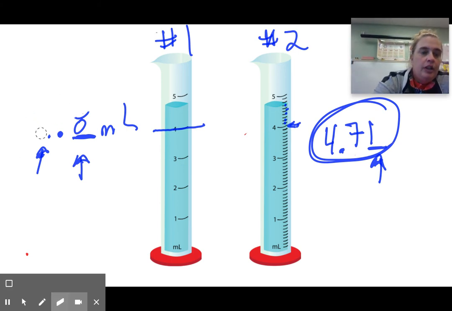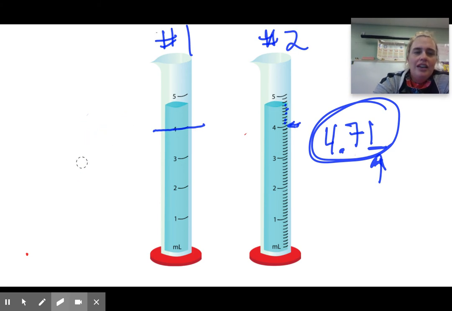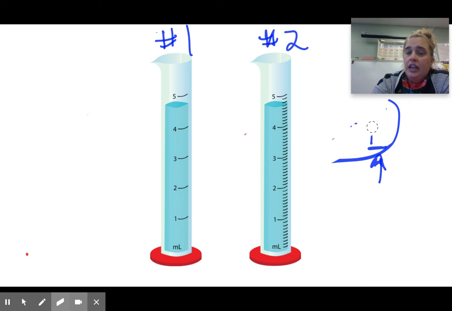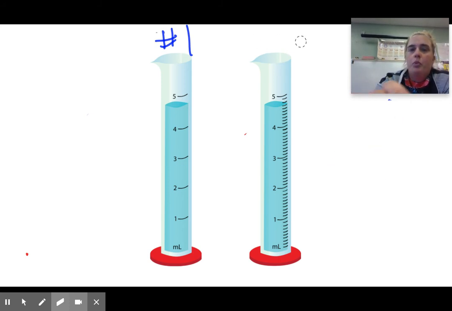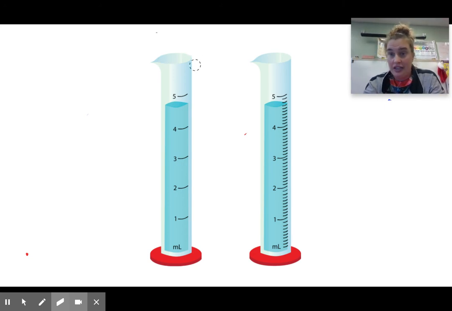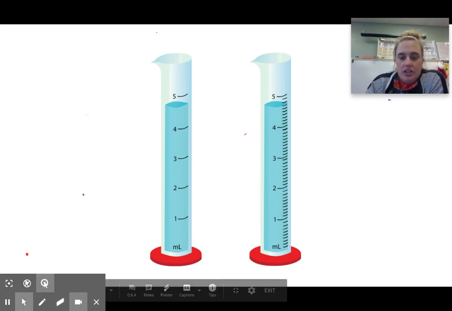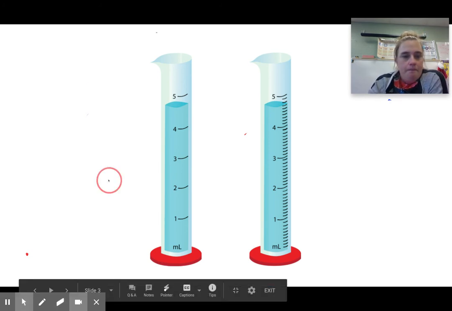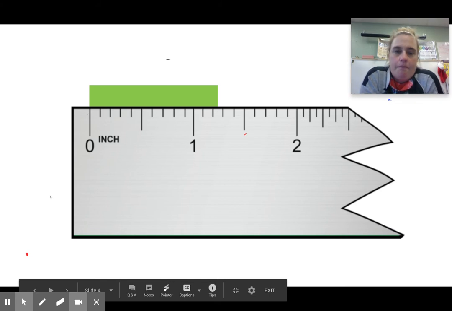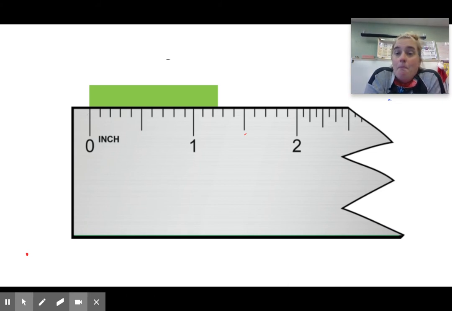So let's do a few more. You're probably not used to doing this. You just look at your ruler and say, okay, this is what it is. But we want to make sure that we are measuring to the best degree we can. So how about this one? What would the length of that line be?